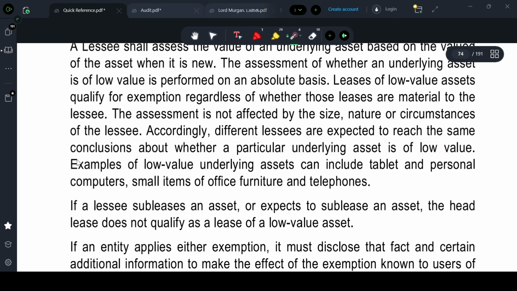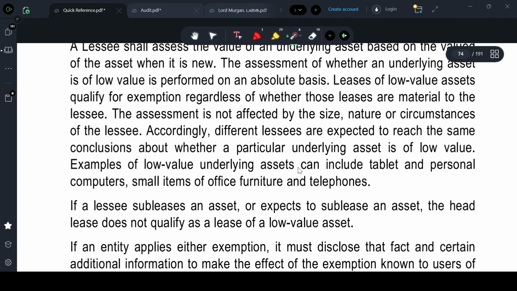is of low value. For example, low value underlying assets can include tablets, personal computers, small items of office furniture, and telephones. These are low value. So when you take a lease of a building with furniture, this furniture may be 5 years, 10 years old, but when considering the books, we don't need to take it into the asset valuation because they are computer tables, small things.